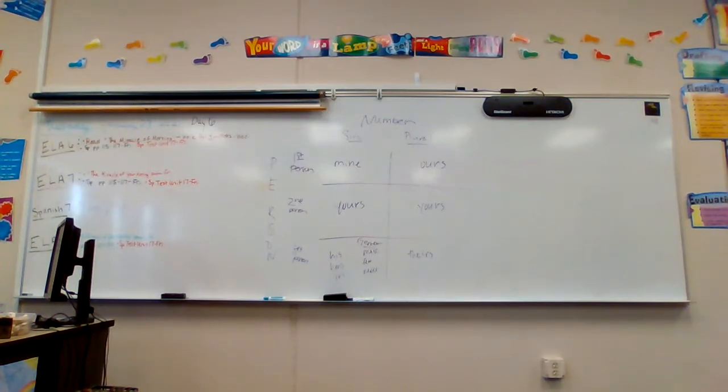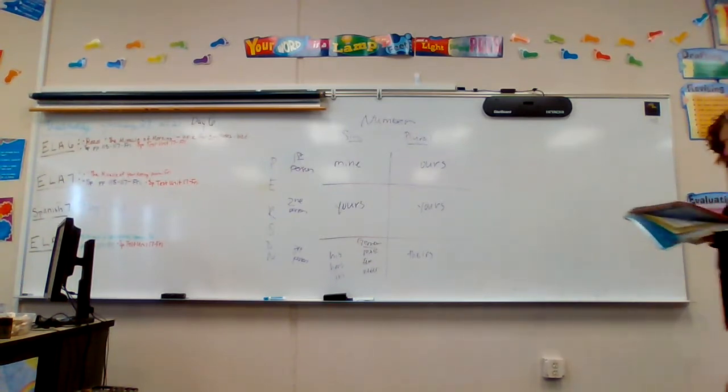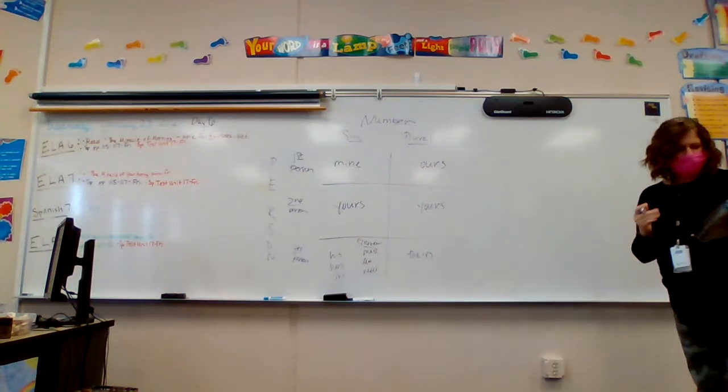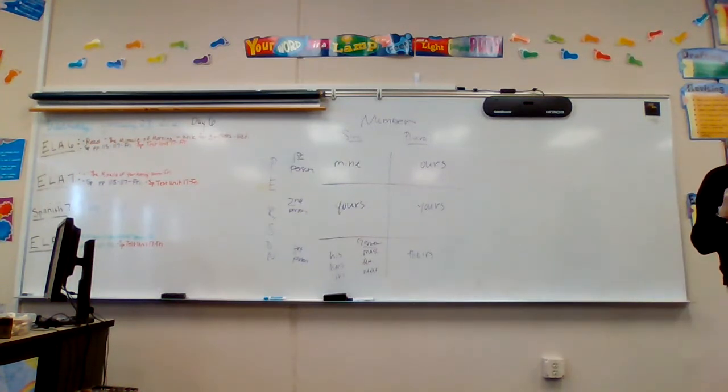Words similar to possessive pronouns are possessive adjectives. The possessive adjectives, if we did the chart, would be my, our, your, his, her, its, and their. Possessive pronouns stand alone, like I said. Possessive adjectives always precede the nouns they modify. So for a possessive pronoun, you would say, mine is on the wall.